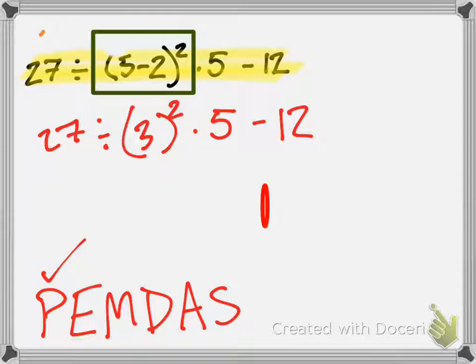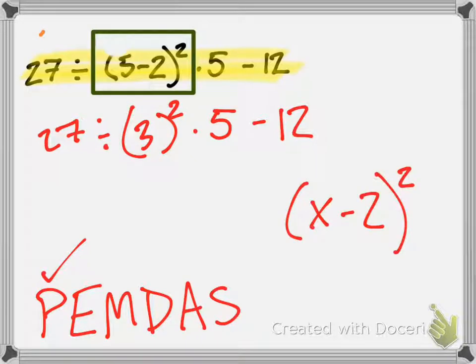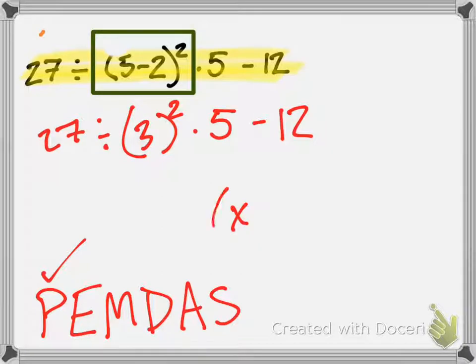So, for example, if I had in my parentheses something like this, x minus 2 squared, I would have to square it, but we don't know how to do that yet. Well, it's not just squaring it for each of them. It is not just that. If we had x minus 2 squared, that's the same as having x minus 2 twice.